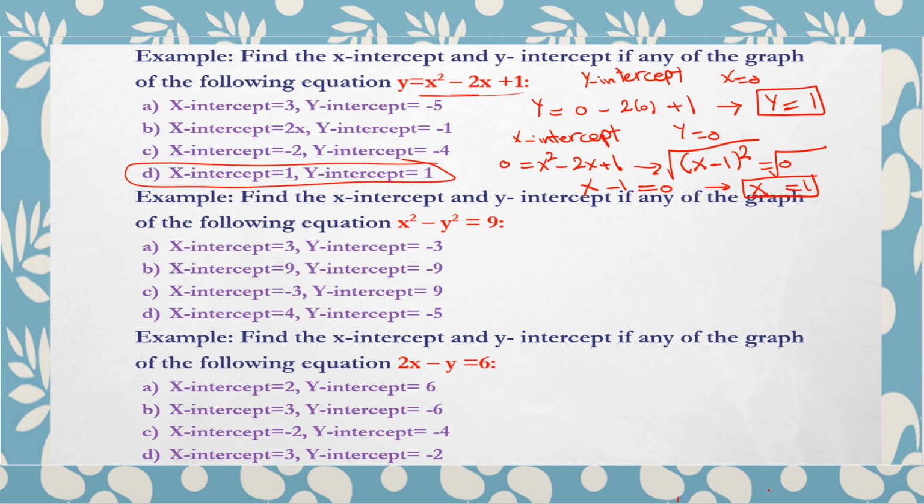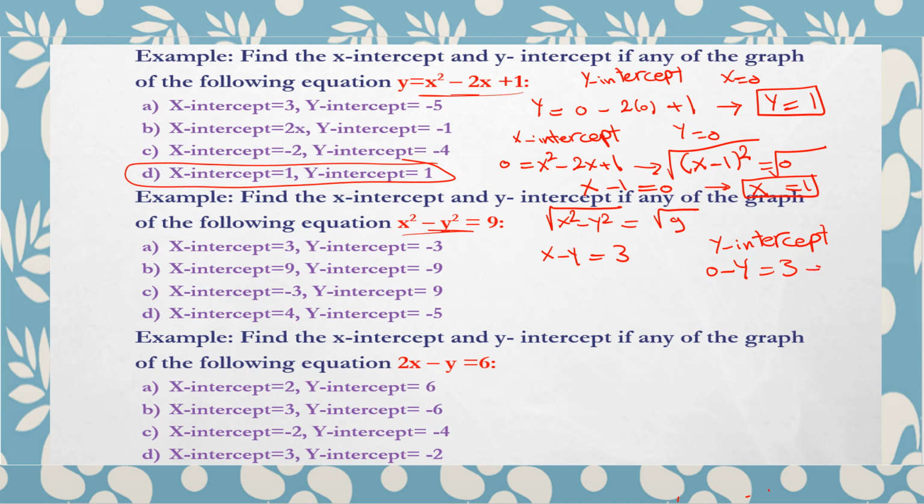Again, find the x-intercept and y-intercept for this equation. We can simplify the equation by taking the square root at first, and this equals x minus y equals 3. Then the y-intercept: 0 minus y equals 3.